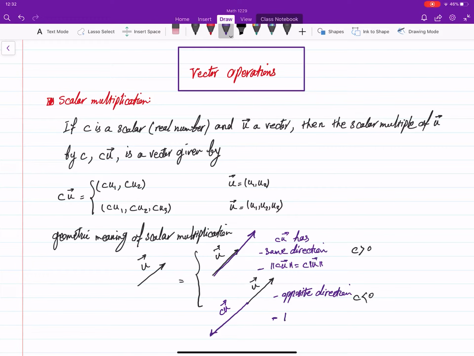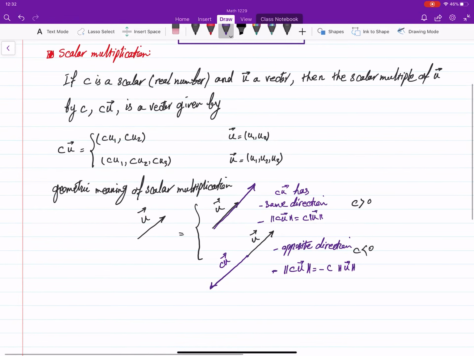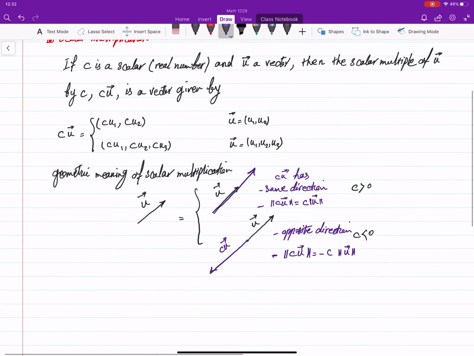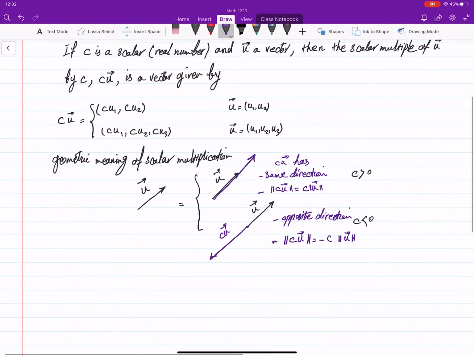And its length, you remember that length is always positive. I cannot say its length is C times U, since C is a negative number. I have to multiply it by another negative sign. So that would give us the length. So that is what scalar multiplication means in the geometric picture.